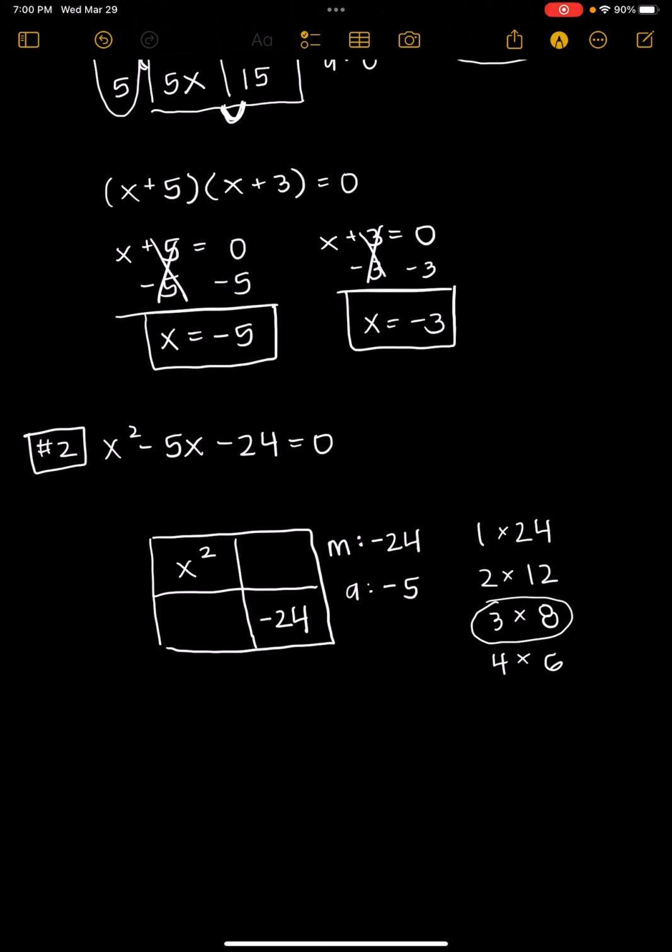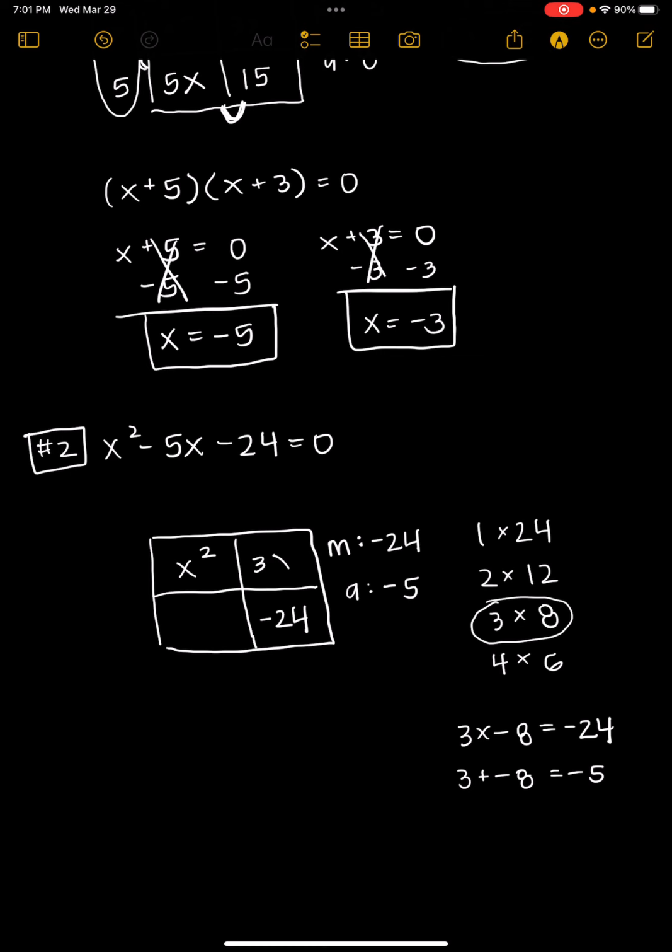But in order to add to be negative 5, our 8 has to be negative. So I can say 3 times negative 8. That gives me the negative 24 that I'm looking for. But then 3 plus negative 8 gives me negative 5. So the 8 has to be negative in this case in order for both the multiplication number and the addition number to make sense. So I'm going to use 3 and negative 8.